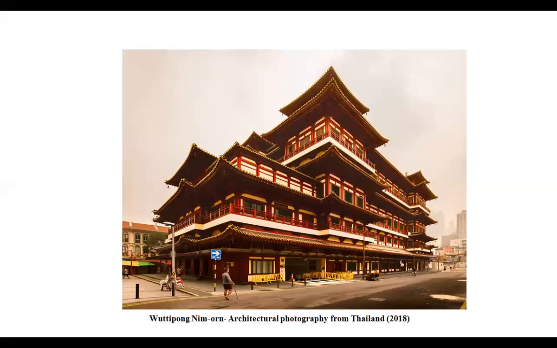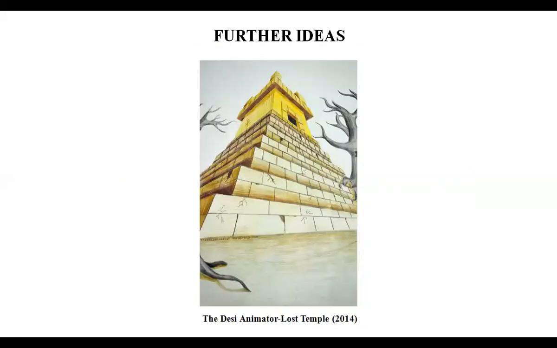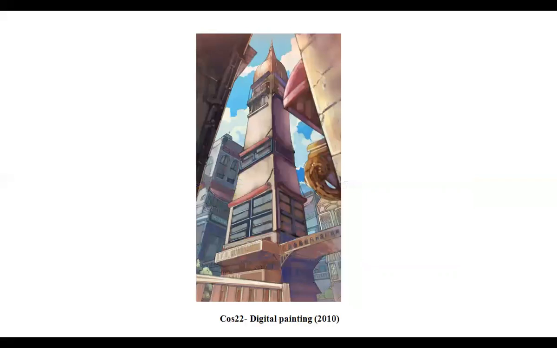Another example of buildings seen from an ant's eye view is this architectural photography from Thailand. Further ideas on three-point perspective for the ant's eye view can be seen in the work of the Desi animator Lost Temple in Course 22 Digital Painting.